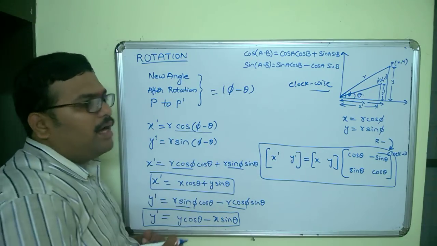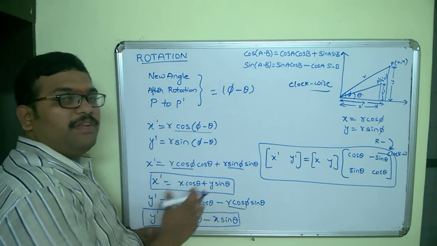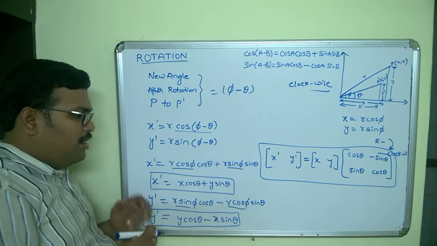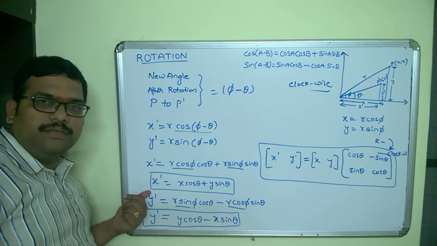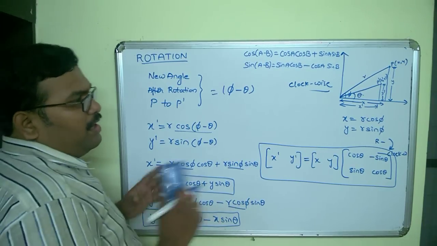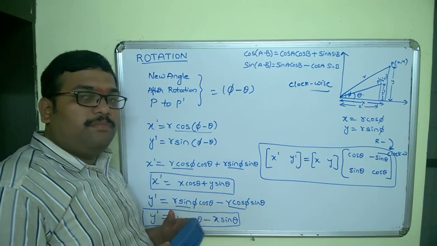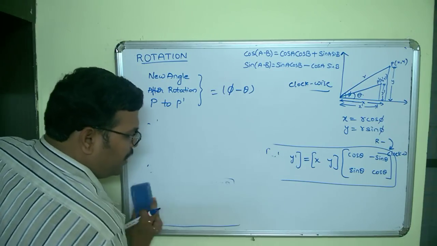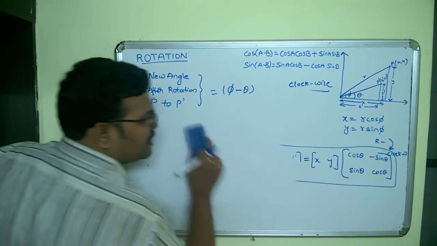Then we expand cos(a plus b), cos(a minus b), sin(a plus b) and sin(a minus b) to get the equations for the new coordinates. Let us see some examples in our next session. Let us stop here, and once again write all the formulas.